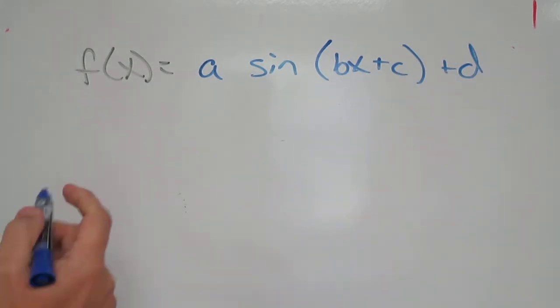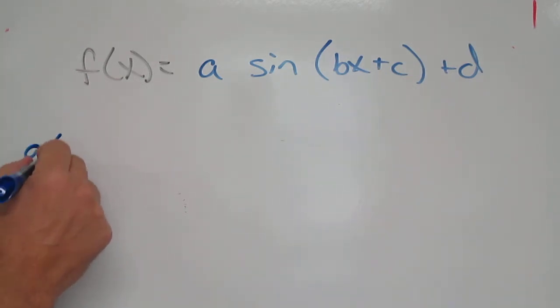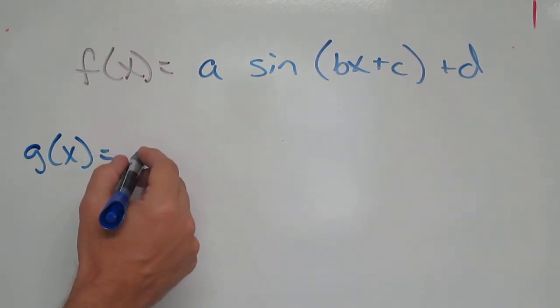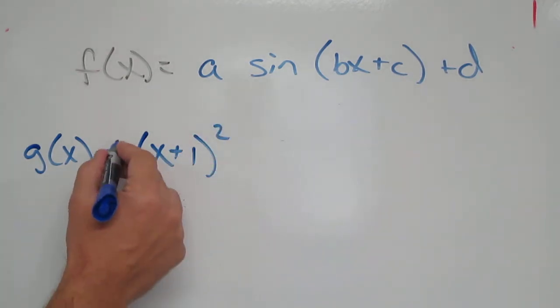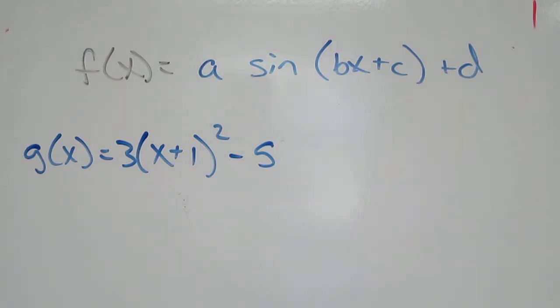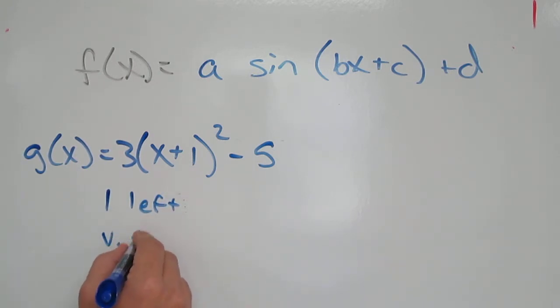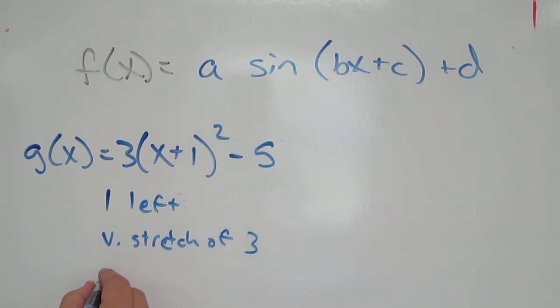If you remember from the things that we've done in the past, if we had a function, say g of x, that was equal to 3 times (x plus 1) squared minus 5, the transformations that we would say here is we'd go 1 to the left, do a vertical stretch of 3, and move 5 down.